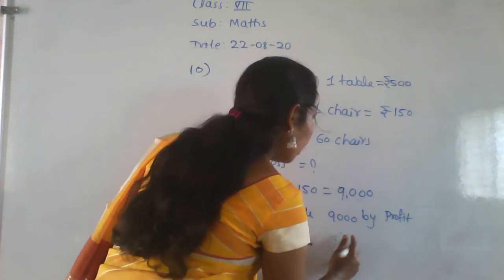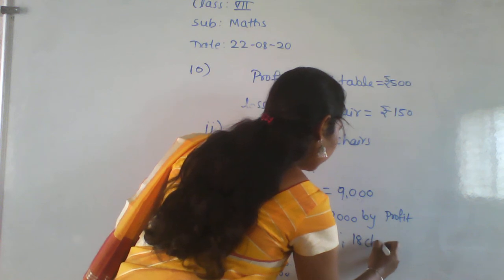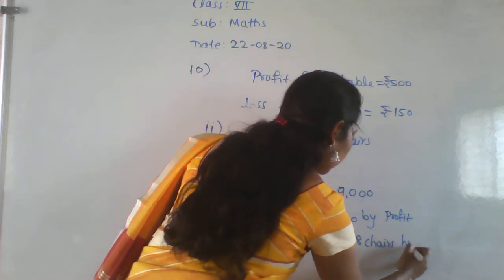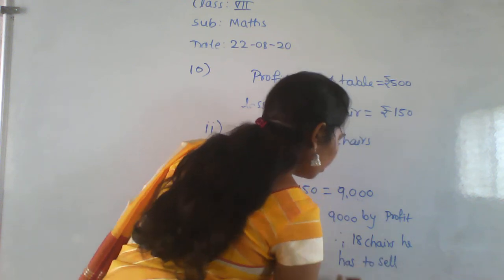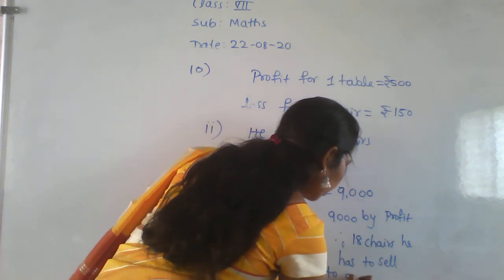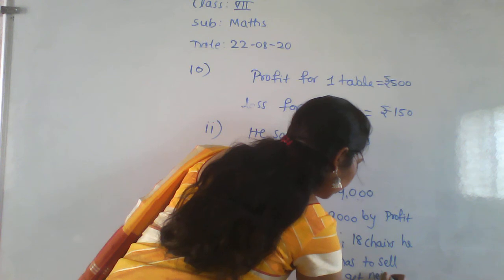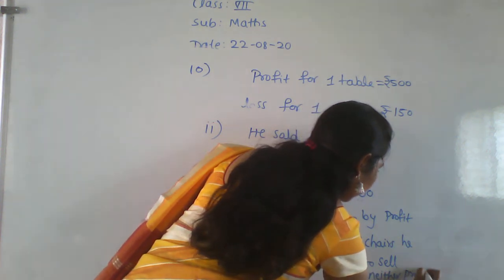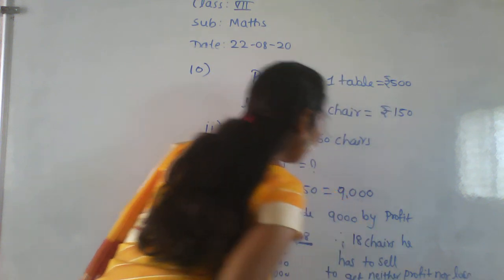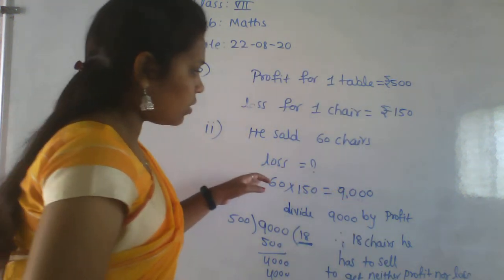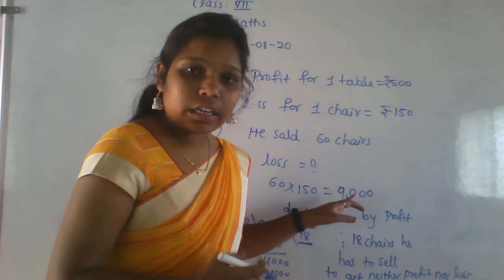Therefore, 18 tables he has to sell to get neither profit nor loss. Already he sold 60 chairs and he got a 9,000 loss here.